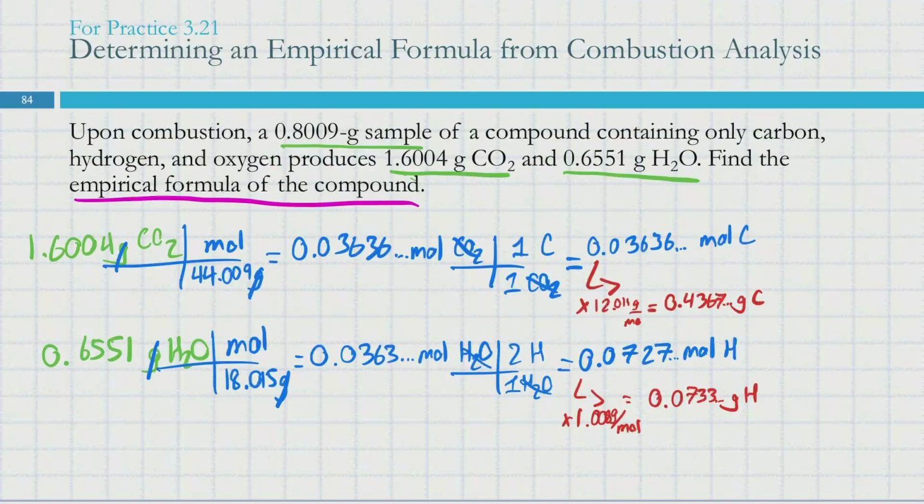So we've got about 0.43 grams of carbon, about 0.07 grams of hydrogen, and we started with about 0.8 grams. So whatever isn't hydrogen or carbon in our original 0.8 grams must then be our oxygen. We all tracking with that?